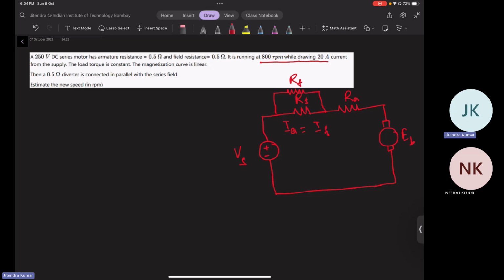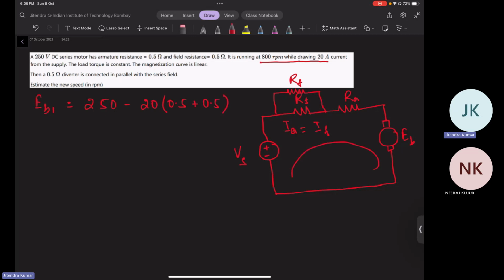So again, when speed is concerned, then we have to go directly to the back EMF. So the first thing we should find out for case 1 is EB1. We can find it from VT minus IA RA. IA was 20, and RA was 0.5 and RF was also 0.5.